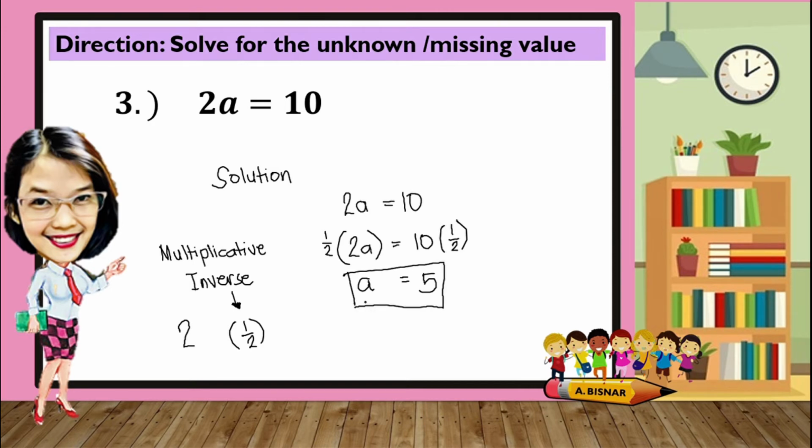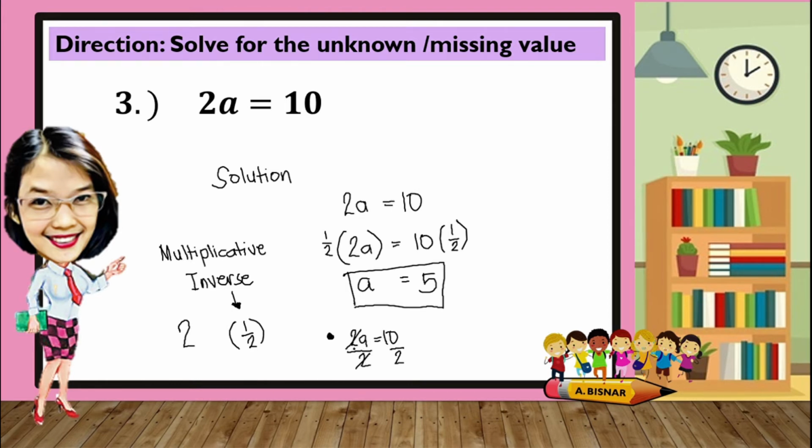Well, there is another way of solving it, or the shortest way of solving it. And how to do that? So the given is 2a is equal to 10. You only need to find the value of a. So you can just simply divide both sides by 2. 2 divided by 2 is 1.